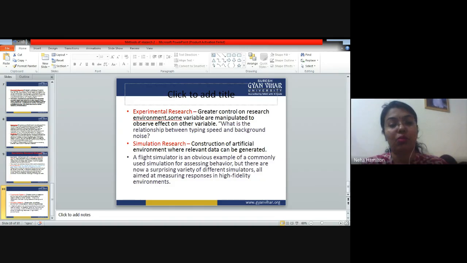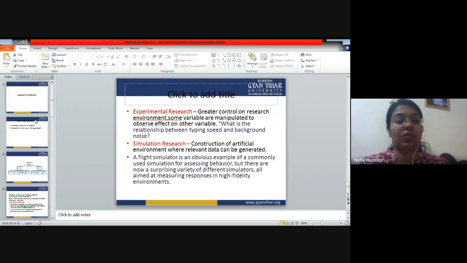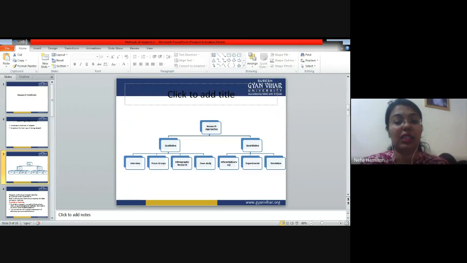Now let's go back to the table in which we were studying the types of research. This diagram is very, very important, as I've already told you, because through this diagram you will be able to identify which method to use when you are going to do a particular kind of research.